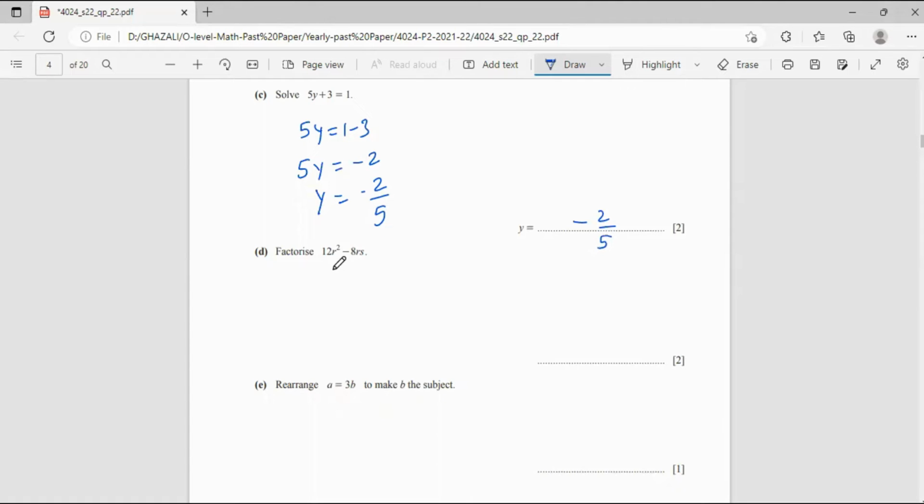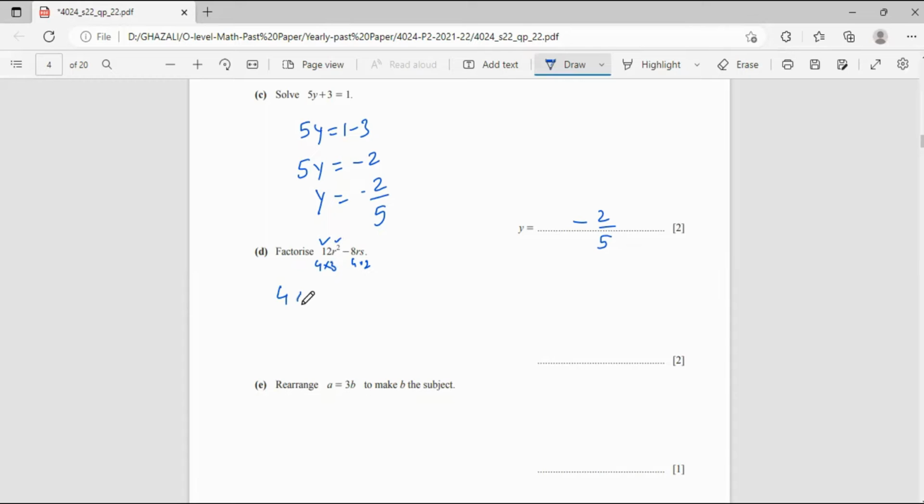Factorize 12r square minus 8rs. You know the factorize rule, firstly, you will check any common factor in this expression. We can write 12 as 4 into 3 and 8 as 4 into 2. Here 4 is common in both terms. Next r square, here is rs.